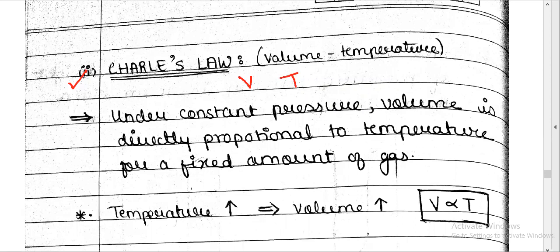Now, this is keeping in mind that the wall of the container can move. If the wall of the container cannot move, then it's the constant volume case. So when we talk about Charles' law, we have to remember that the wall of the container where the gas is kept is movable. A closed balloon can expand, and a container with a lid, also called a piston, can move.